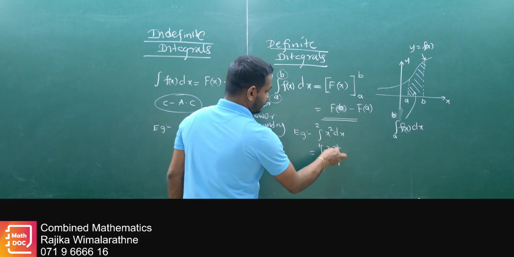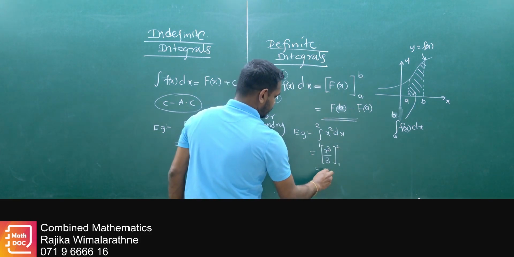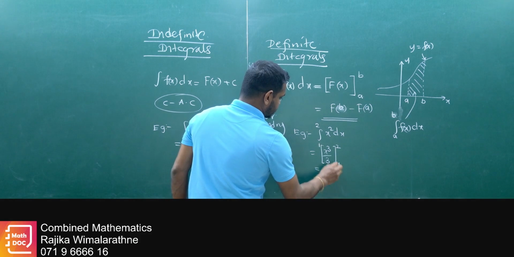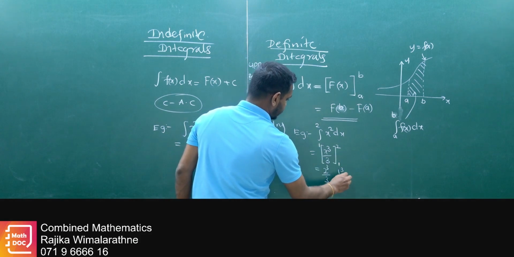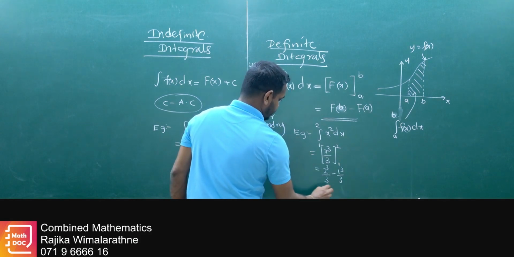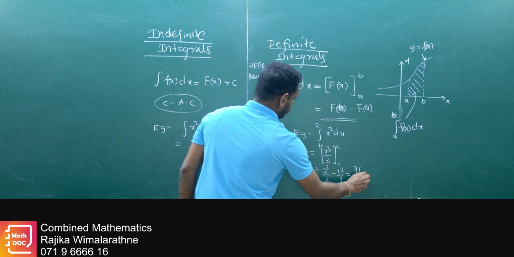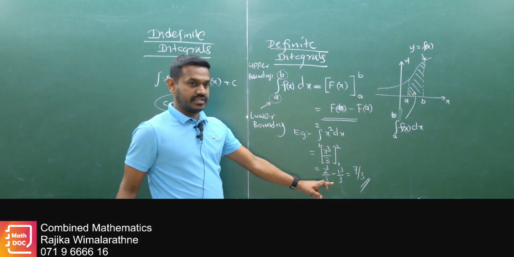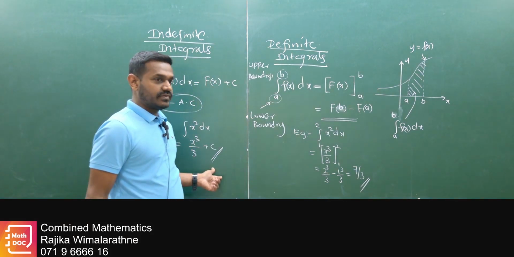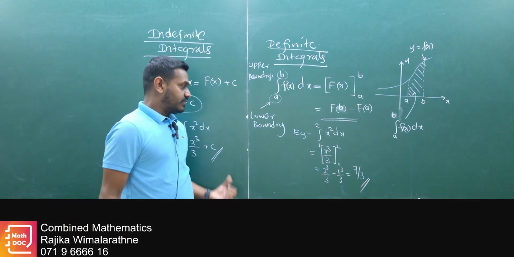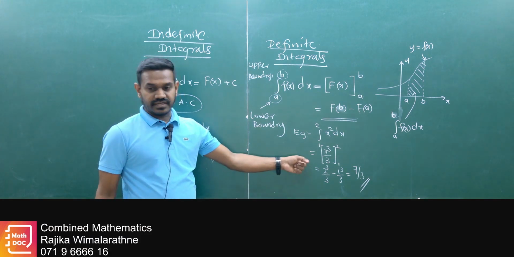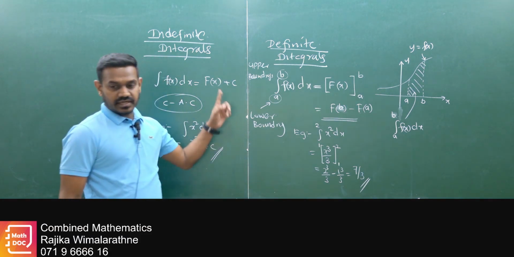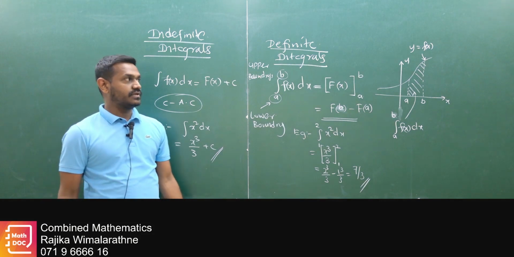After you substitute the upper boundary, 2 cube over 3, then substitute the lower boundary, 1 cube over 3. Subtract. Then 7 divided by 3. Then we have a definite value for this. But here we don't have a definite value. It is indefinite, it contains variables. Write all.